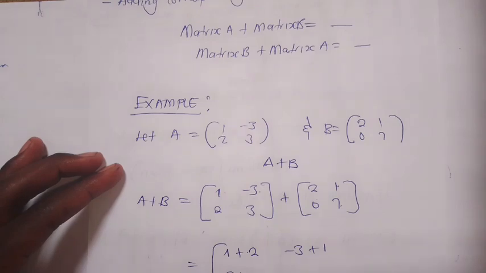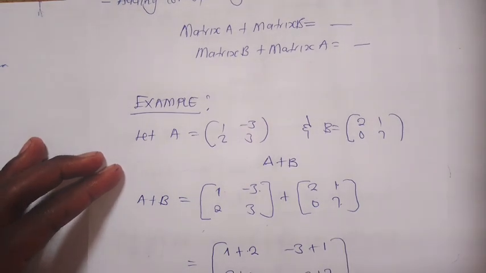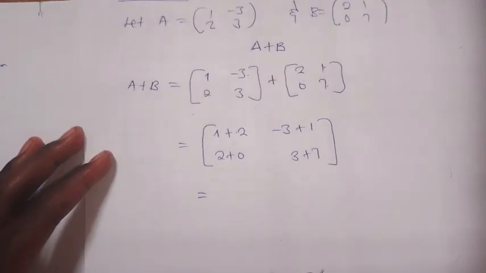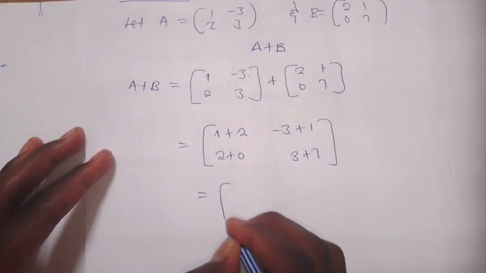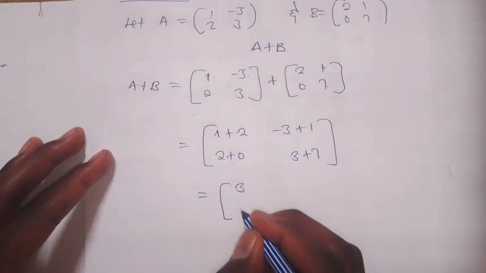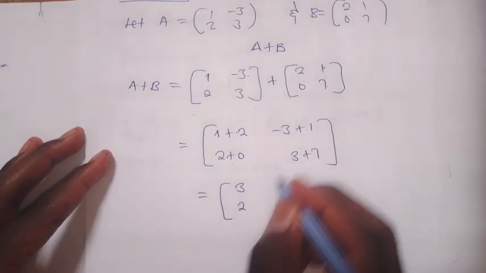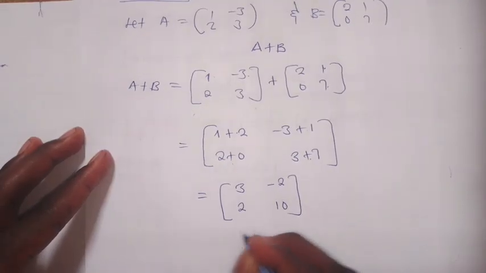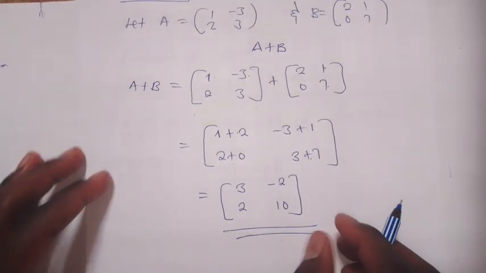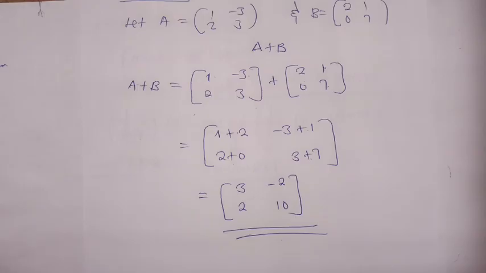As simple as that. Then 1 plus 2, we're going to get 3, here we get 2, here we get negative 2, here we get 10. So that's the answer. It's very simple.